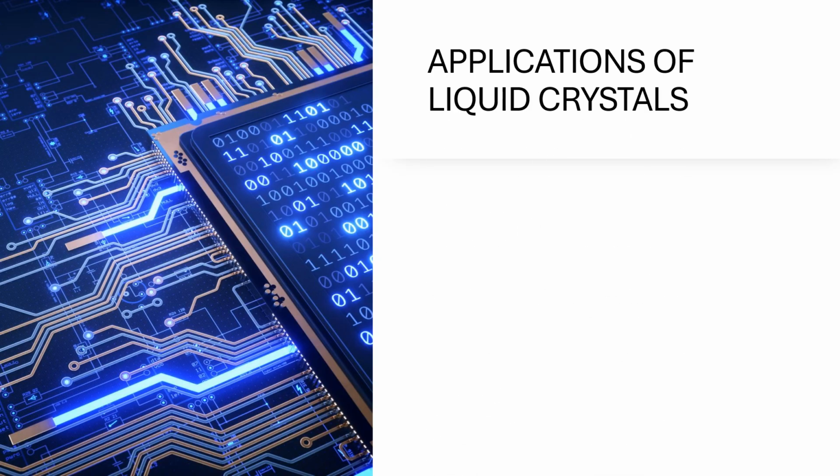Applications of liquid crystals. It is used as temperature sensors in thermometers. We know that liquid crystals change color when temperature changes. It is temperature sensitive. So, change in temperature will give a different color in a liquid crystal thermometer.